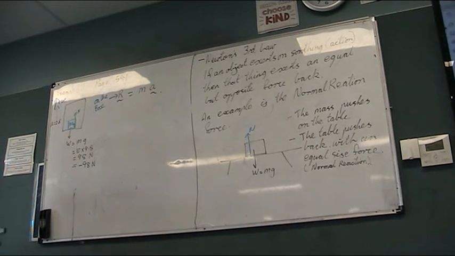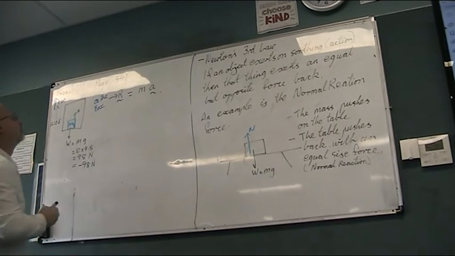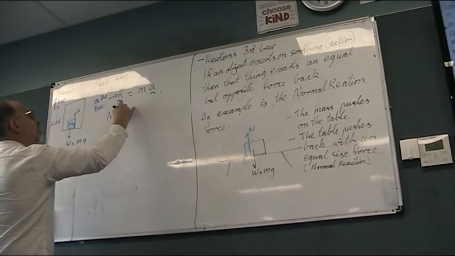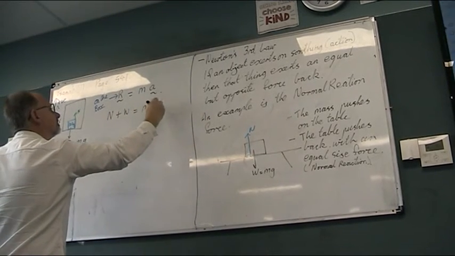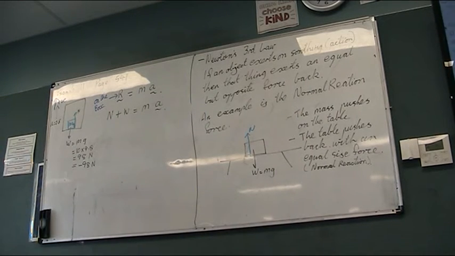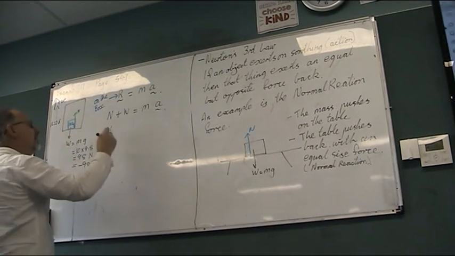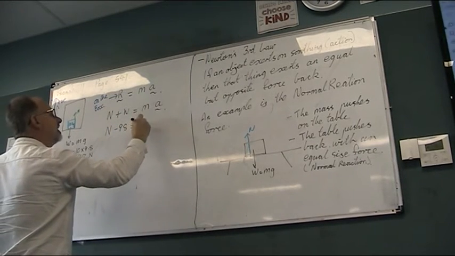So the forces on the box are the normal reaction force and the weight force. So the normal reaction force is the one that we don't know about and we're after. The weight force, 98. The mass is 10.